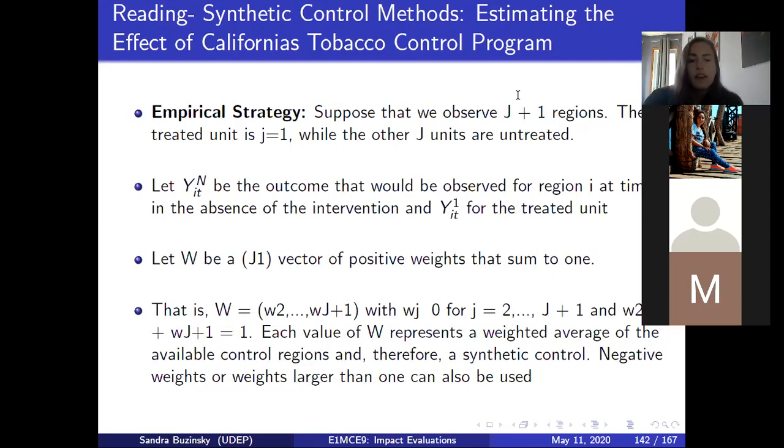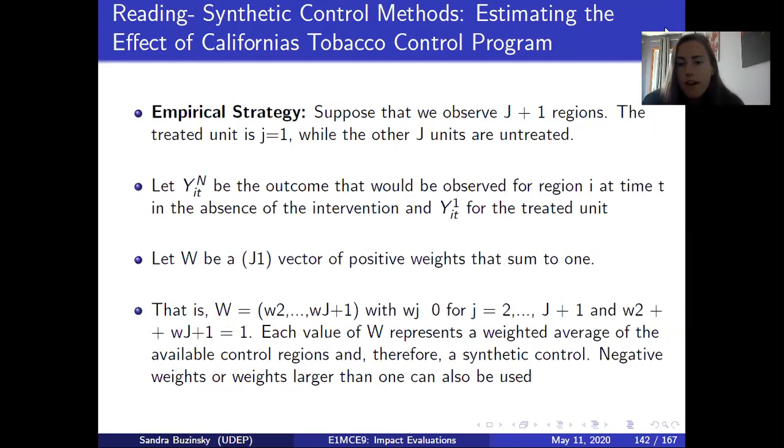Okay. So let Y^N_it, so state i in time t, be the outcome that would be observed for region i at time t in the absence of the intervention. So this is basically the potential outcome for our synthetic control.